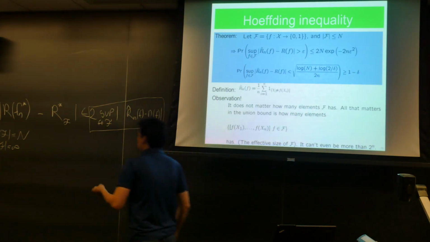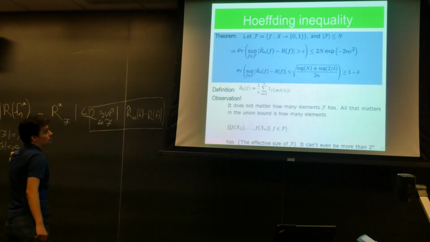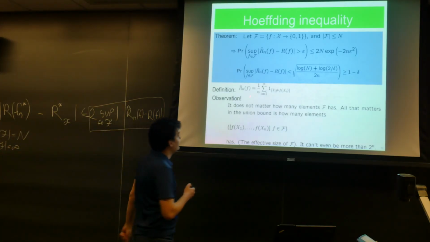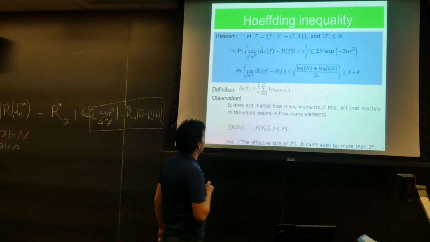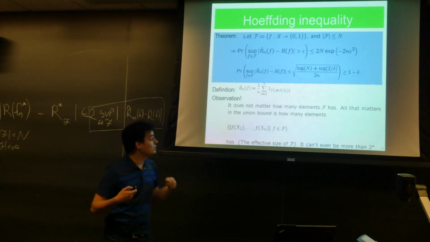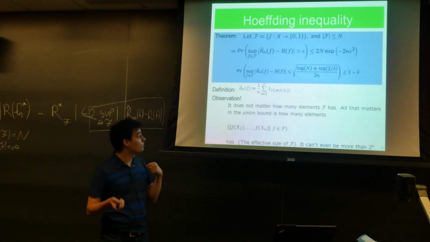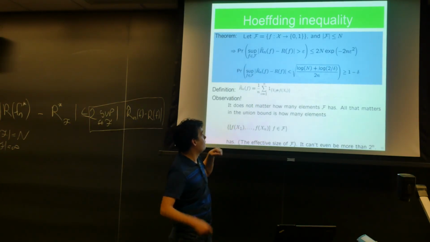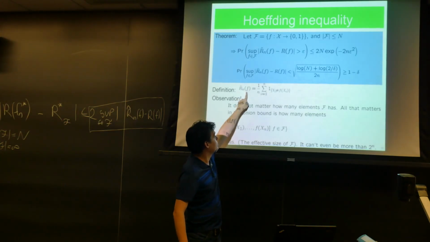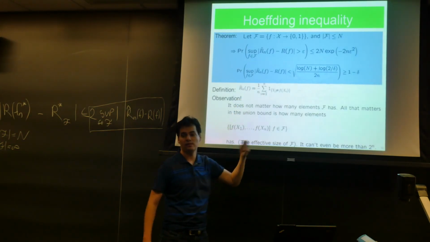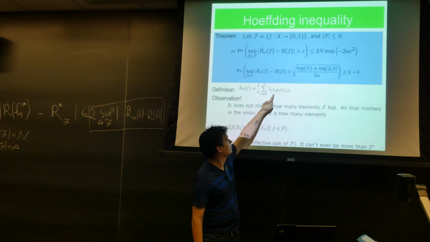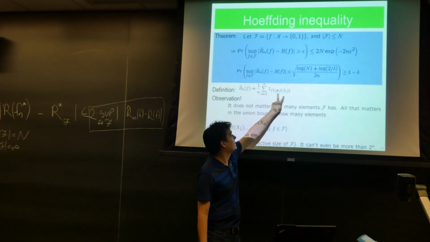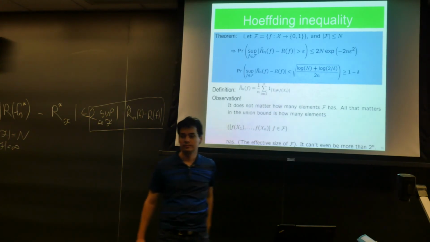To analyze this behavior when the function class has infinite elements, we started with this observation that this R hat n of F cannot have arbitrarily many different behaviors. If we are thinking about classification using the 0-1 loss, if you have n training points, then this could have only 2 to the n different behaviors, because this guy can only be 0 or 1.